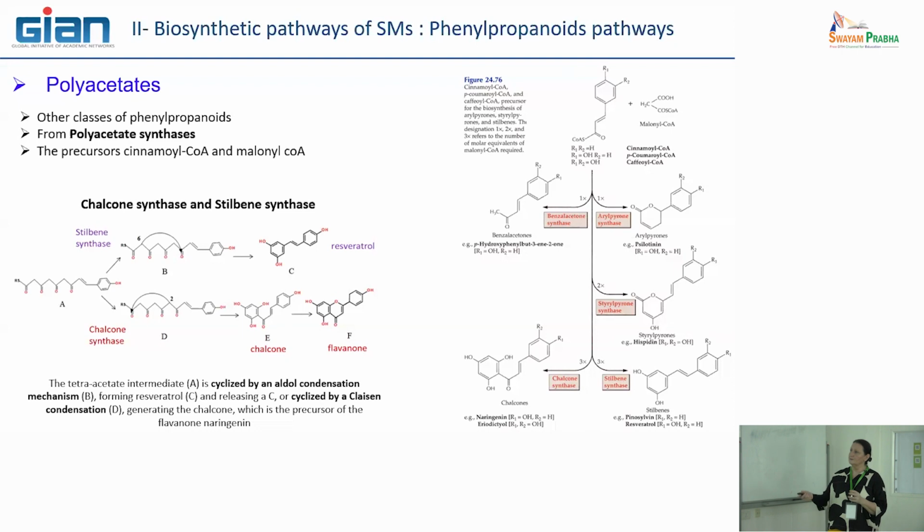And here the two ways we can use to access this type of concentration are either to enhance the quantity of precursor, or to stimulate specifically the stilbene synthase in the cell instead of chalcone synthase, which is always present, whatever the type of cells, because phenylpropanoids are important for each cell, while stilbene synthase is present only in cells able to produce resveratrol. So this is why we need to make a balance between both in order to enhance this type of molecule.